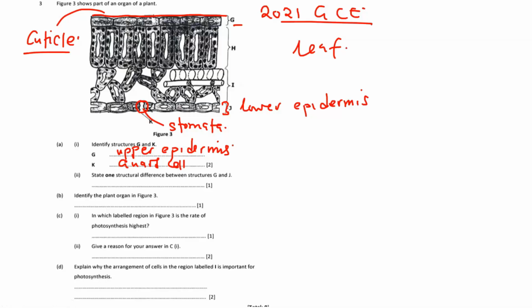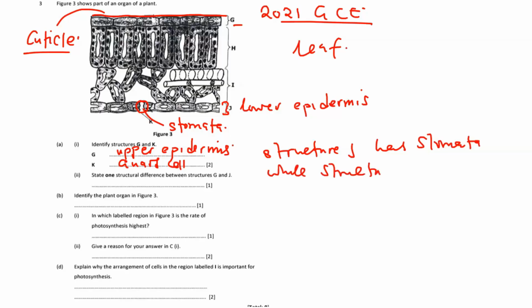That is one thing that you should understand. So structure J has stomata, while structure G does not have stomata.